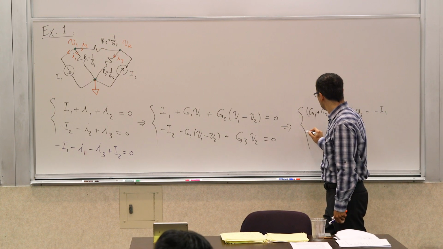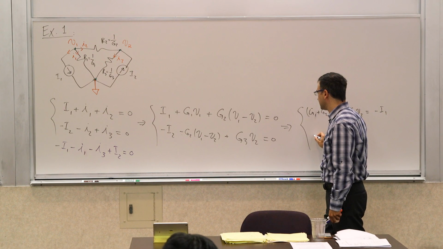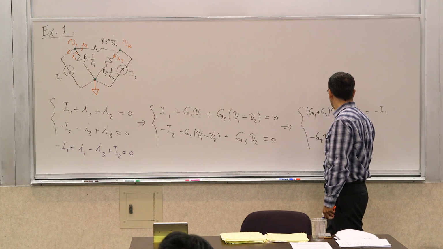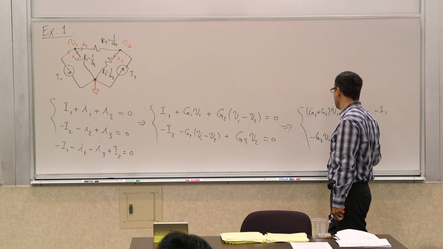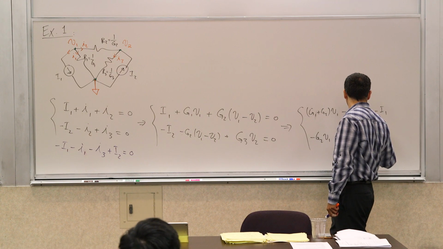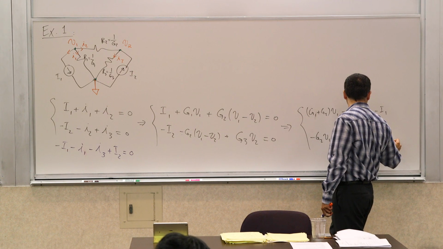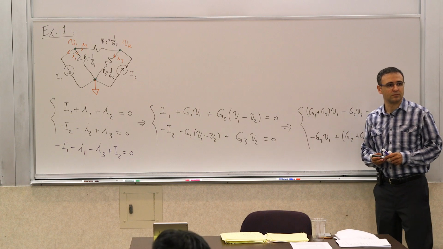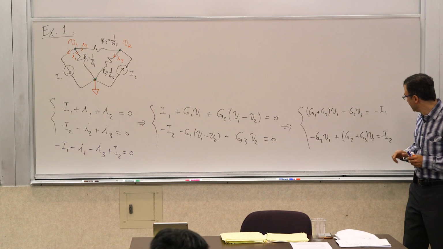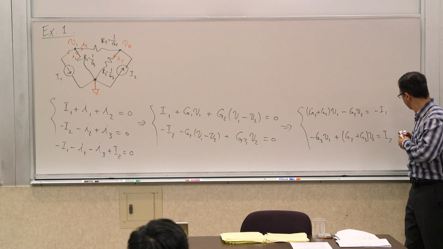And then I can write the other one as negative G2 V1 plus G2 plus G3 times V2 equals negative I2. Right? Everyone agrees? Yes, positive. Yes, thank you.